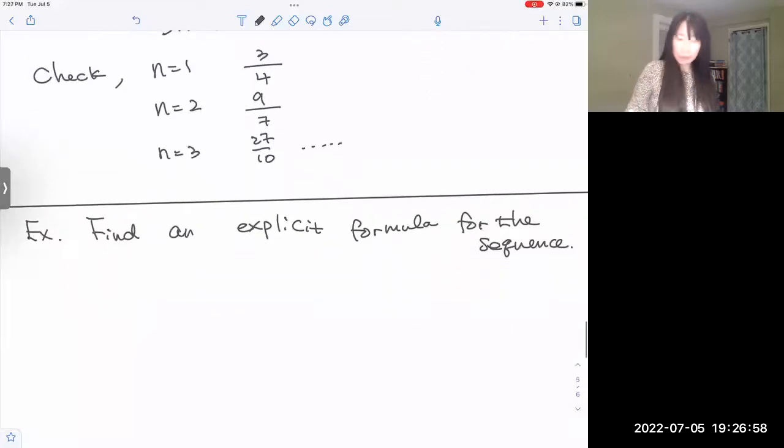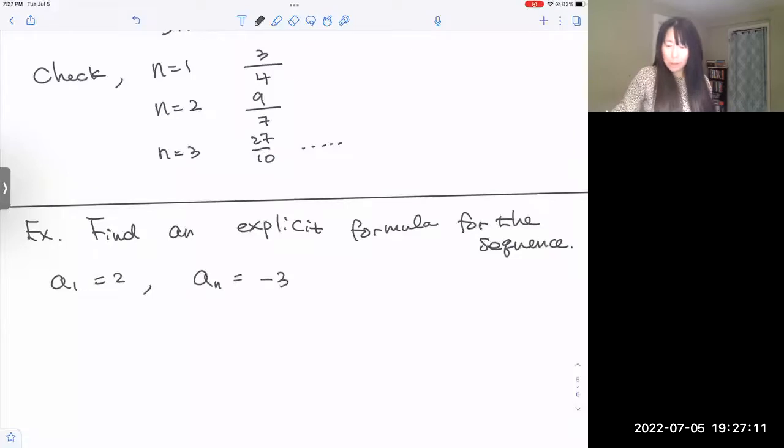All right, so we have a sub 1 equal to 2, a sub n equal to negative 3 times a sub n minus 1, for n greater than or equal to 2.